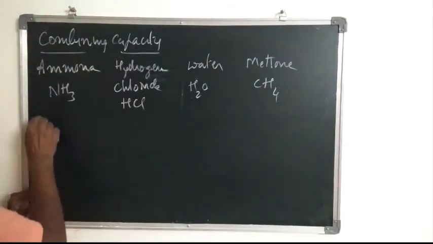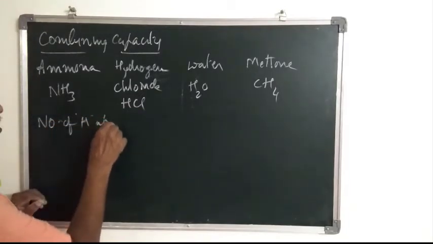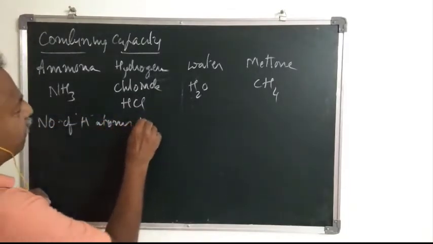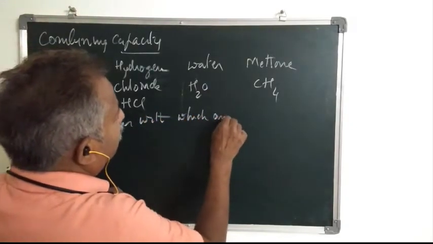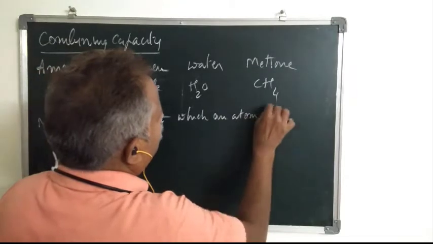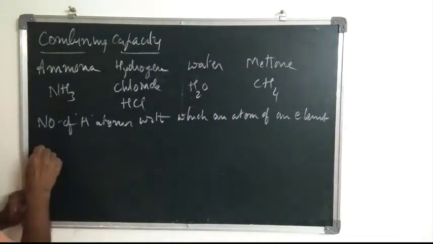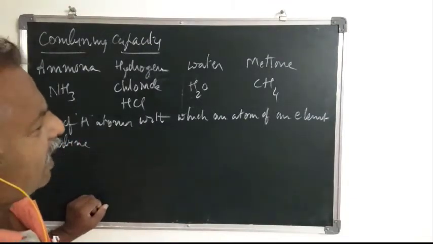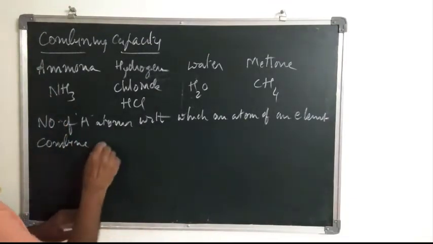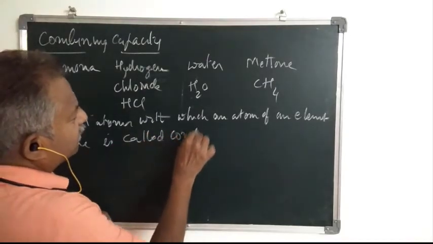So here the number of hydrogen atoms with which an atom of an element can combine is called combining capacity.